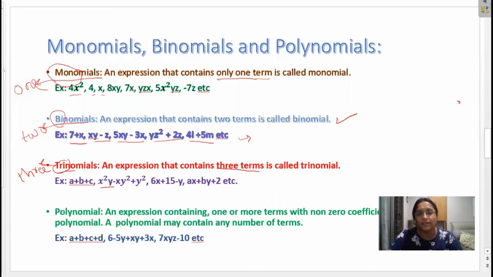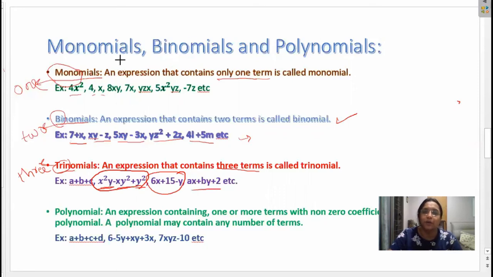Also x square y is one term, minus xy square is one term, and y square is another term. In total, three terms are there in this expression, so it is called a trinomial. Similarly here, just observe, this is one algebraic expression and three terms are there, so it is also called a trinomial.